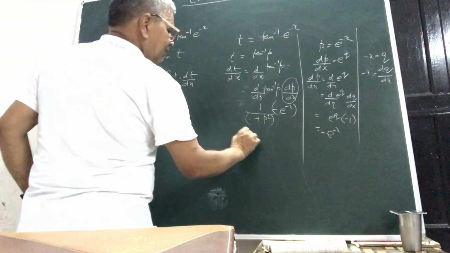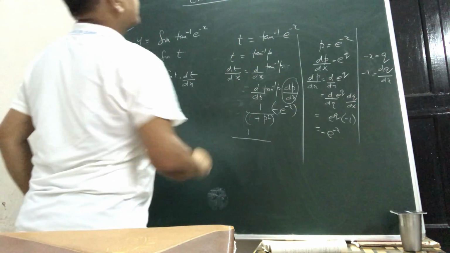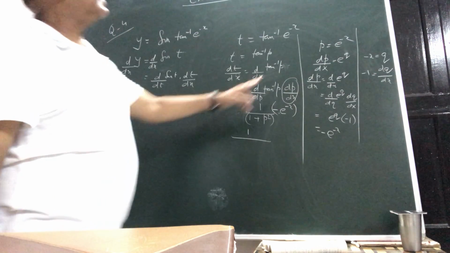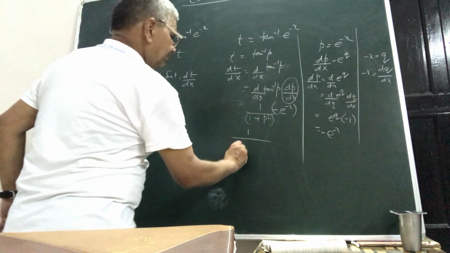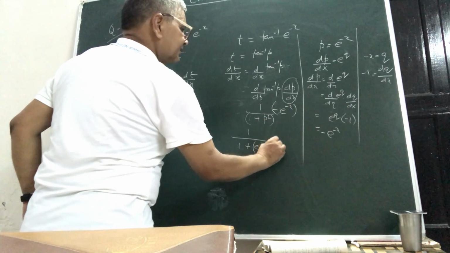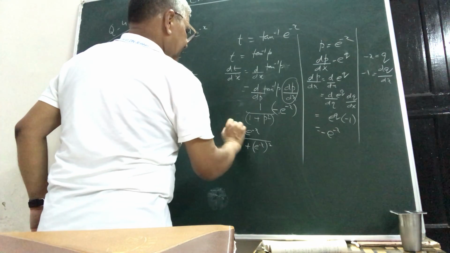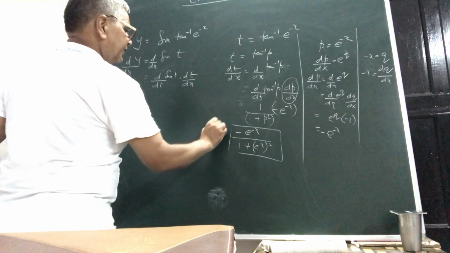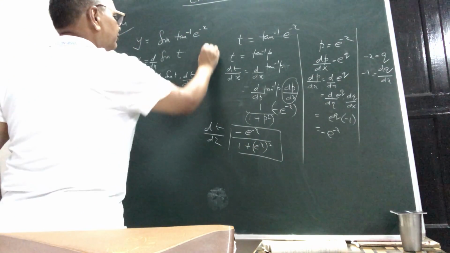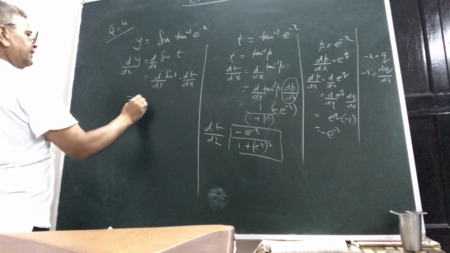Okay, and then put the value of p. p is what? p you have taken to be how much? Yes, p is e to power minus x. So 1 plus e to power minus x whole square, and then minus e to power minus x. This is what is your dt by dx, whose value you need to substitute over here. Now d by dt of sine t is what?